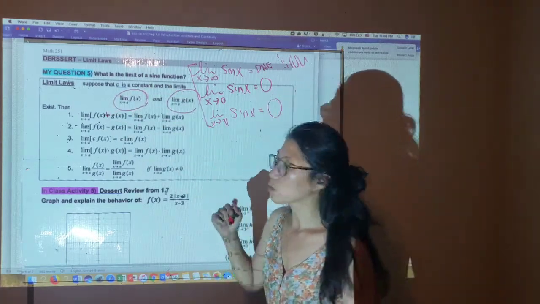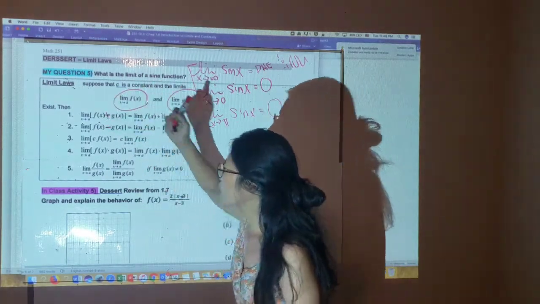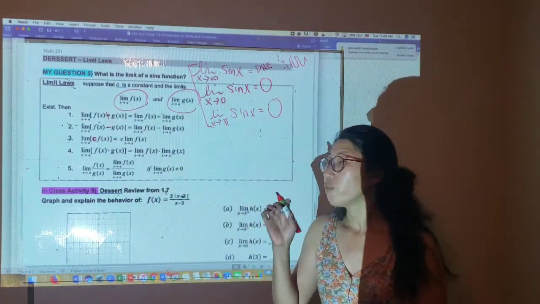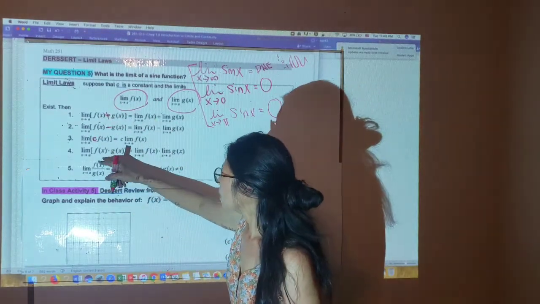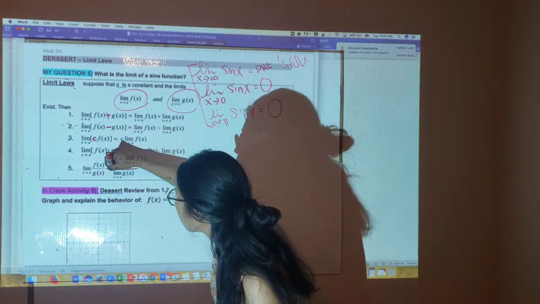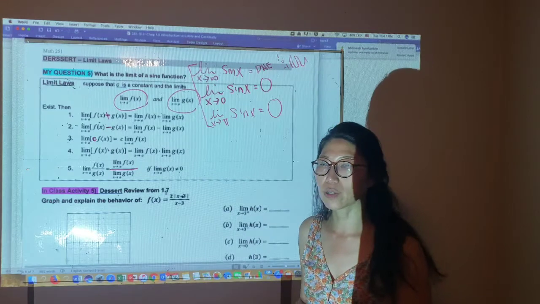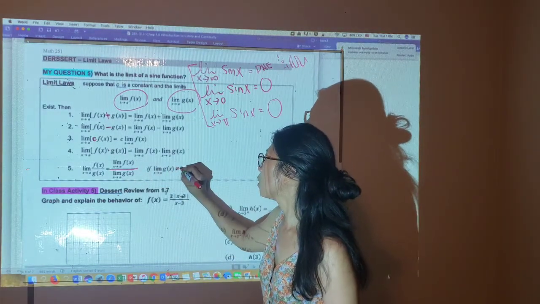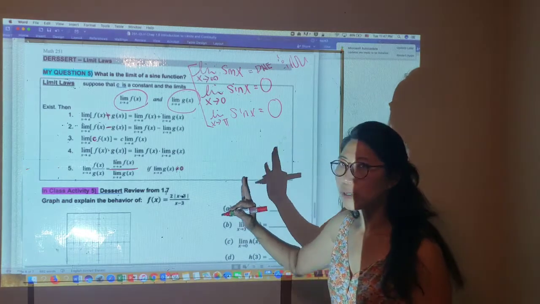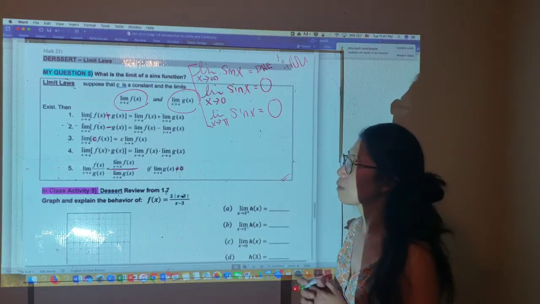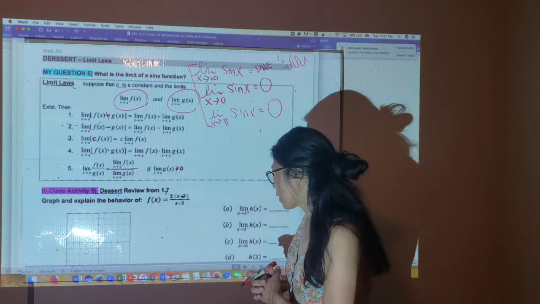We can add those two limits, subtract them, multiply by a number, multiply each other, and also divide. They have the same operations as algebra, just so you know the denominator cannot be 0. So if you have two limits, you can just use operations like algebra. That's one of today's main topics.